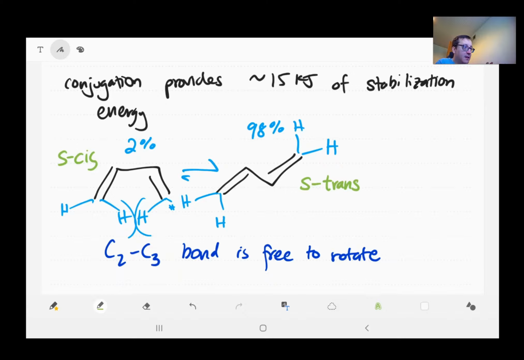As we rotate these, our diene can adopt two forms. It can be the S-cis form, or the S-trans form. And again, it's rotating constantly. At any given time, about 2% are in the S-cis conformation, and about 98% in the S-trans conformation, again, just due to steric reasons. Our trans is sterically more favorable because our groups are pointing away from each other, so we don't have any nasty interactions.